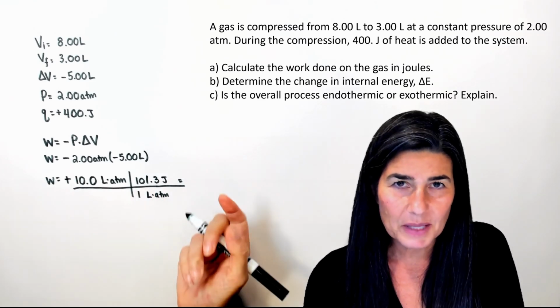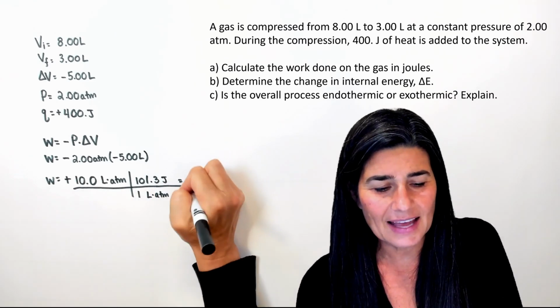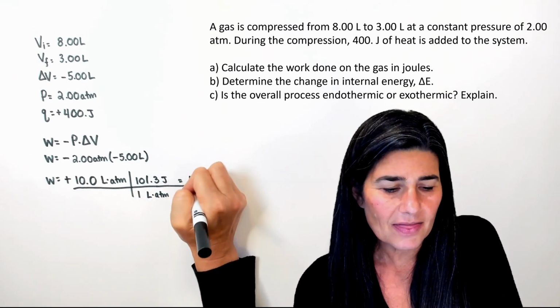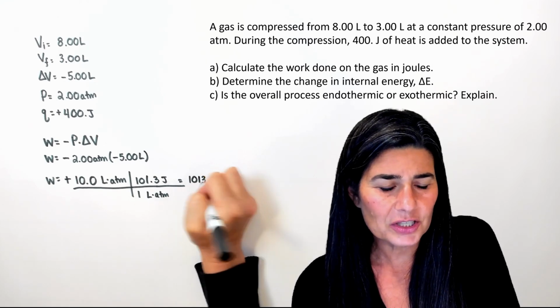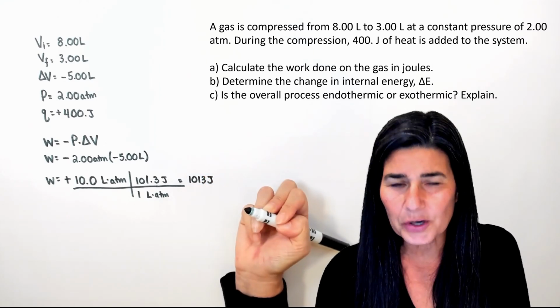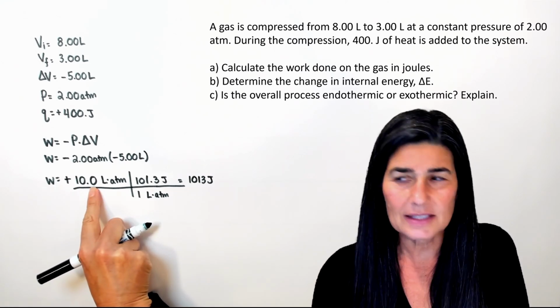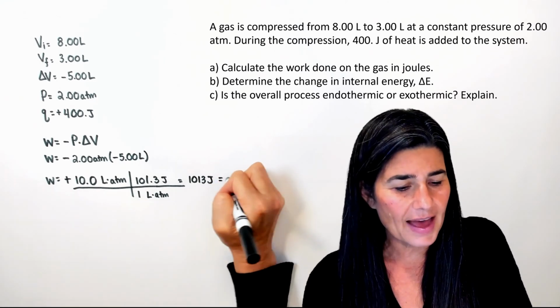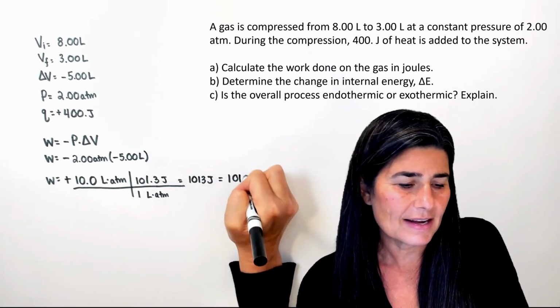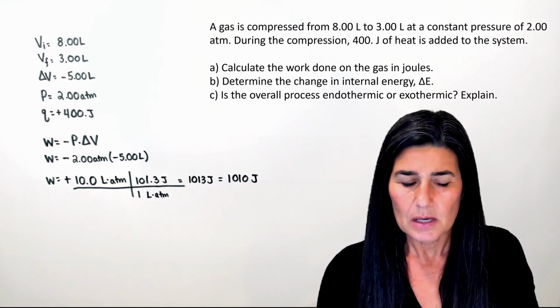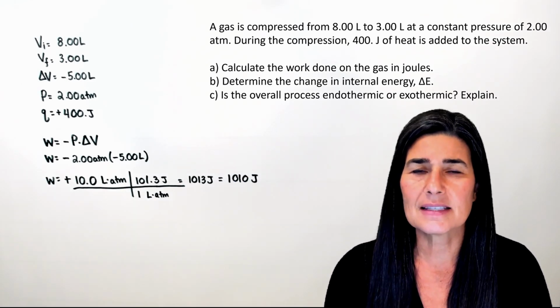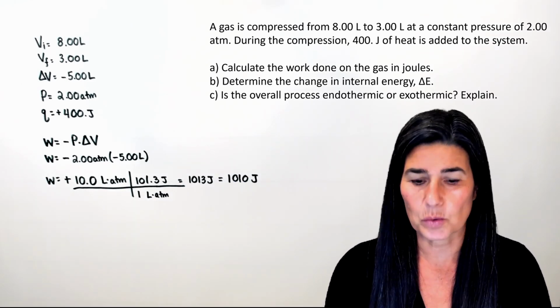And if we multiply the two, we're going to go ahead and get 1,013 joules, or if we just keep 3 significant digits, we're going to go ahead and call that 1010 joules. So work done on the system was 1,010 joules.